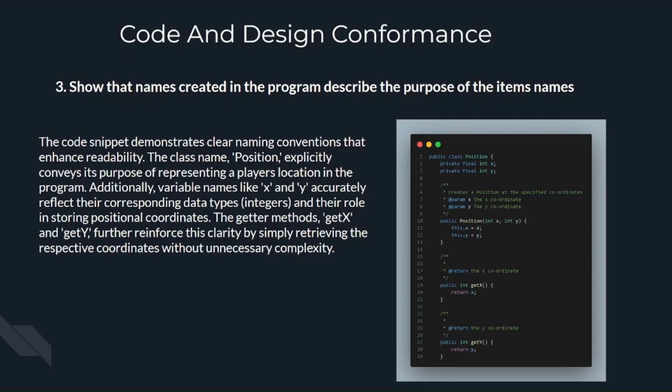The getter methods, getX and getY, further reinforce this clarity by simply retrieving the respective coordinates without unnecessary complexity. So that's how we made the names in the program describe the purpose of the items they name.